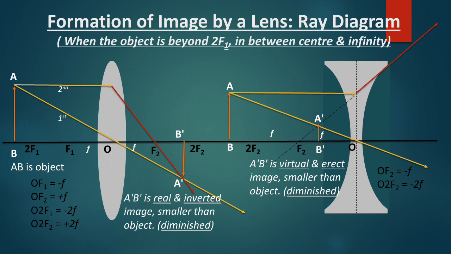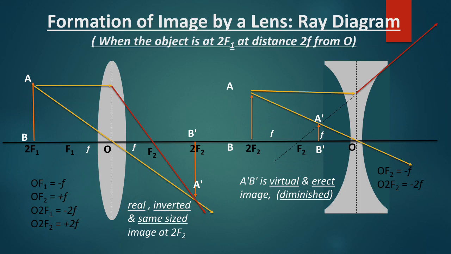Now in this way we will put the object at different positions. You see here we are putting the object at 2f1, that means exactly at the center of curvature. So this is the center of curvature, and see the light rays are incident.